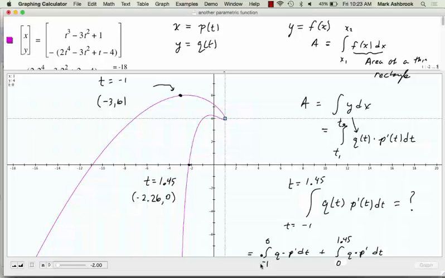So what would this give? If we went from -1 to 0, and again, this is essentially y dx, can you see what area that would give from -1 to 0?